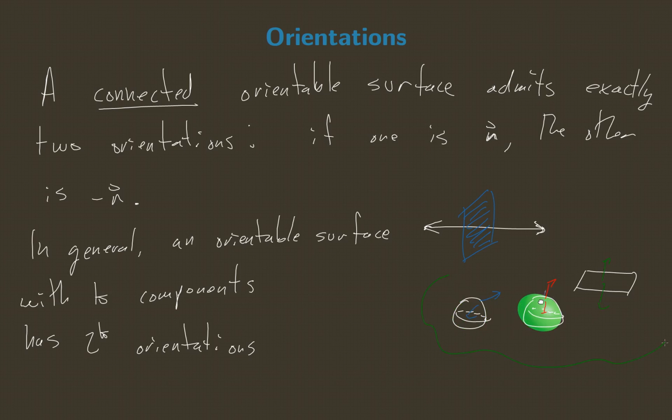So if our surface consisted of two spheres and a plane, we would have 8 possible orientations. Okay, so as I've shown here, a sphere is orientable.